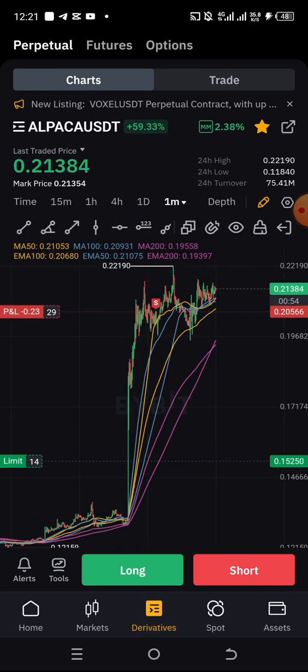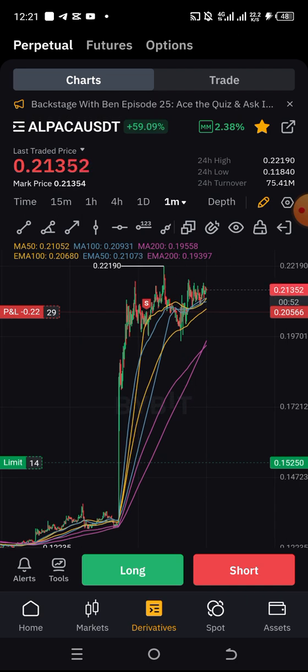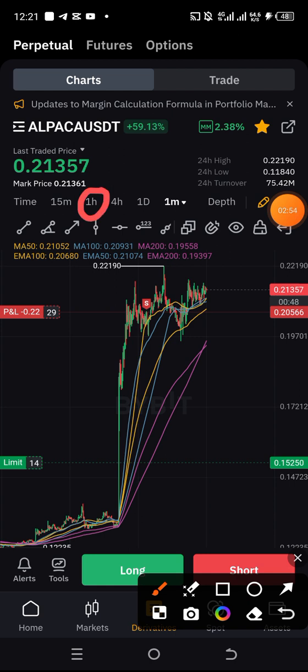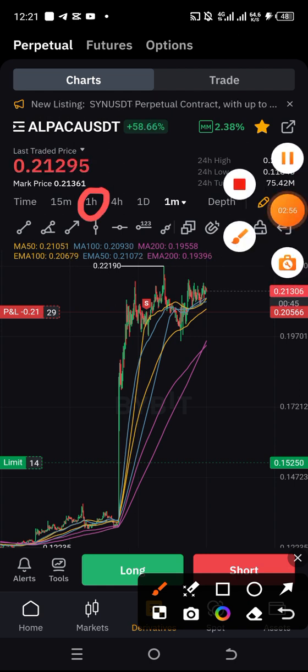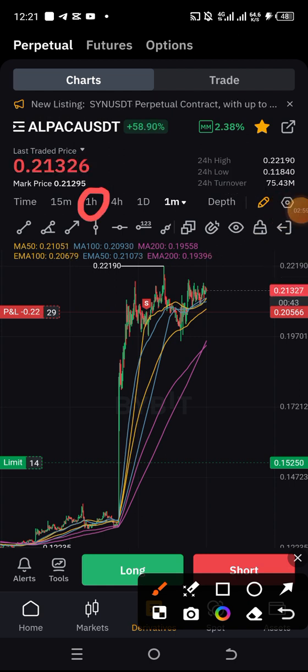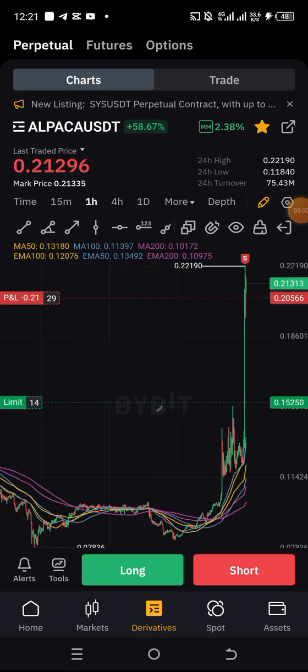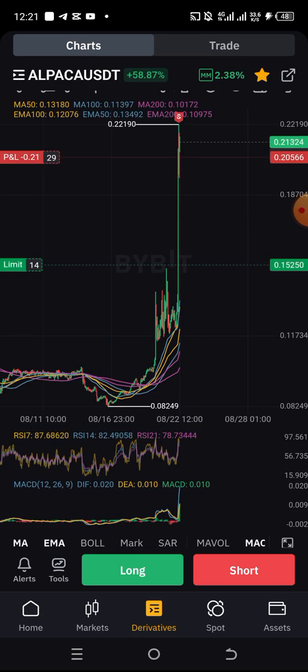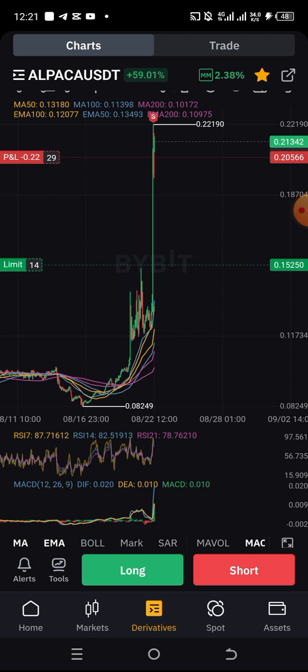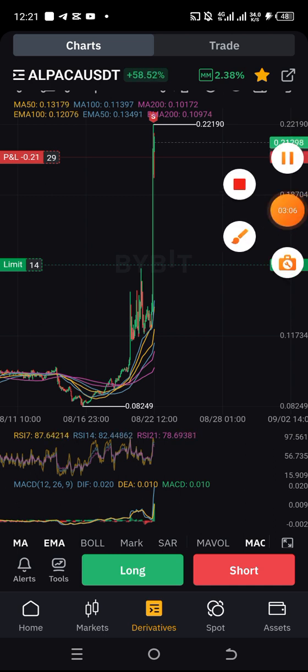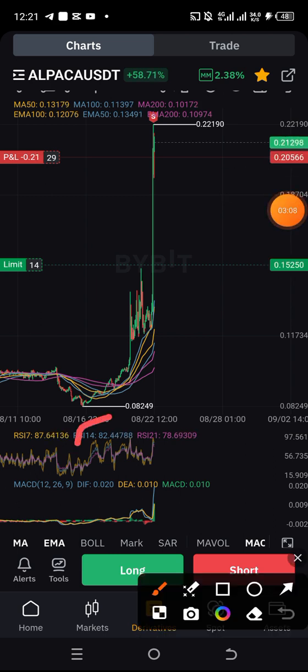Number one thing to note is this: you have to change your time frame to 1 hour time frame. Once you change to 1 hour time frame, identify the position of RSI 14. What number is your RSI 14? This one is currently giving us 82.